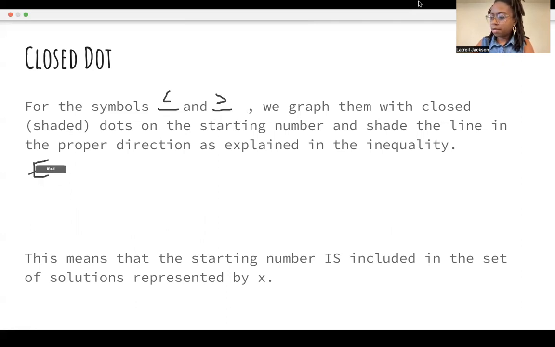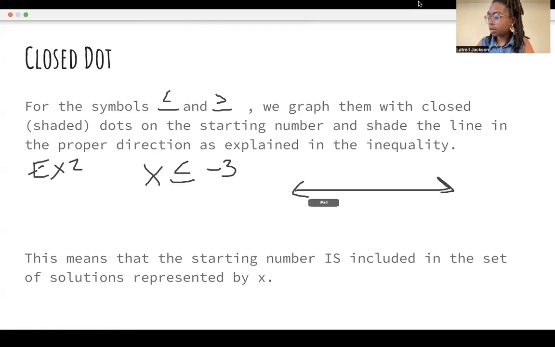We have x is less than or equal to -3. So here's -3, less than or equal to. So the equal to part means that we close the dot, shade the dot in, and then the less than part means we're going to the negative direction. So we shade that part in, and that's it.